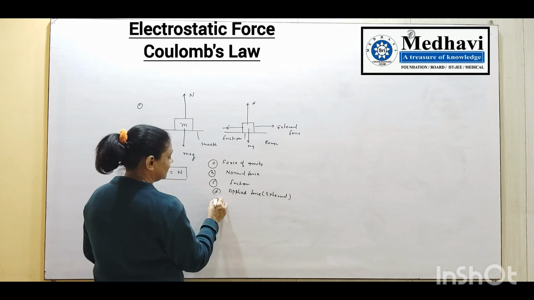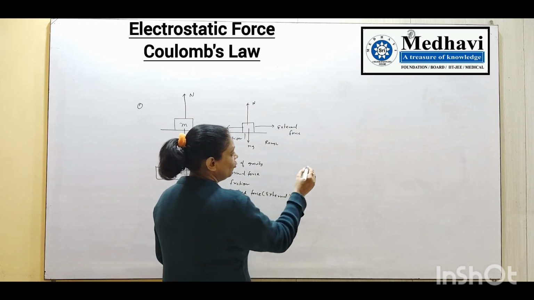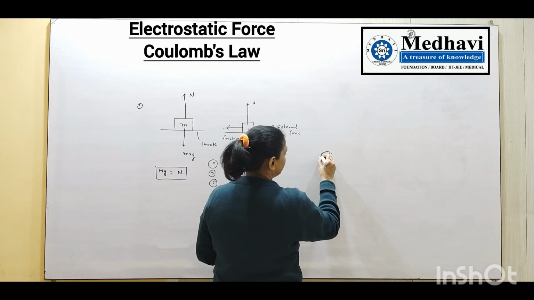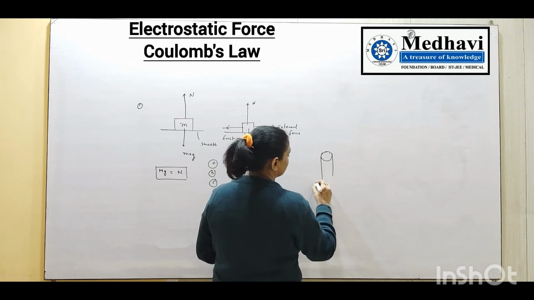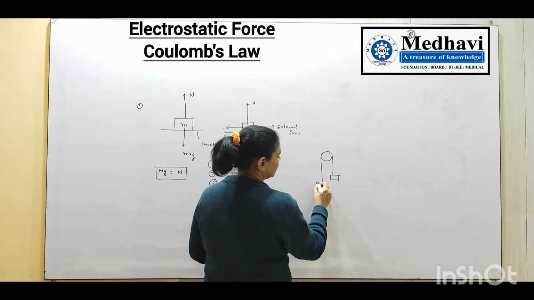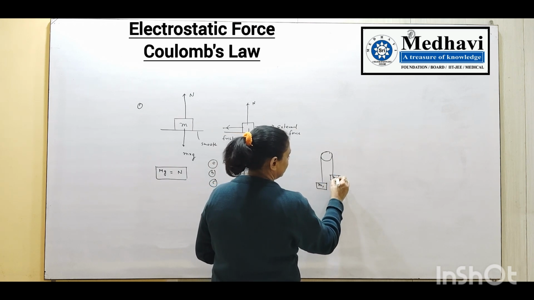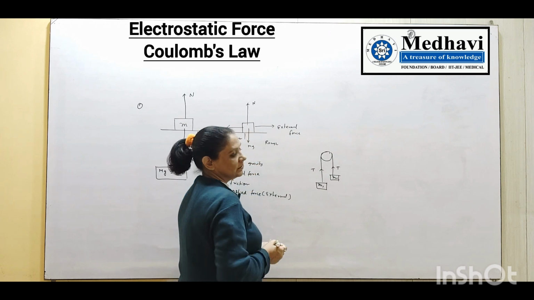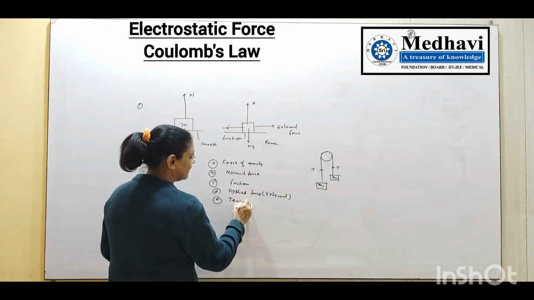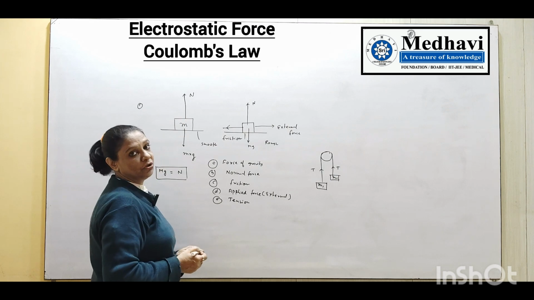Fifth, when you are connecting a body with a thread, suppose this is M1, this is M2, then another type of force will be produced, that is tension. So tension is another force that we use when we are dealing with strings.